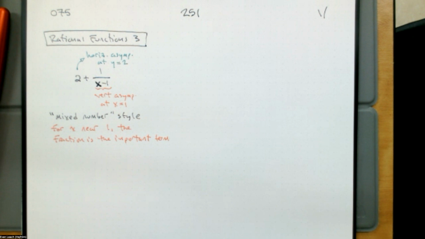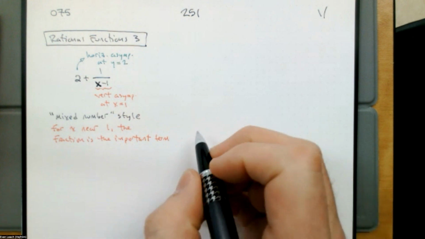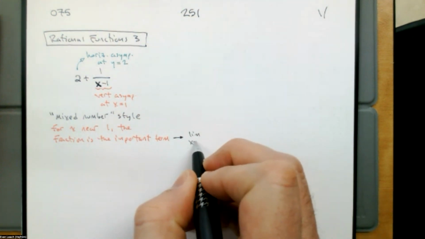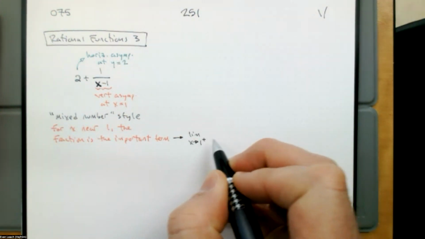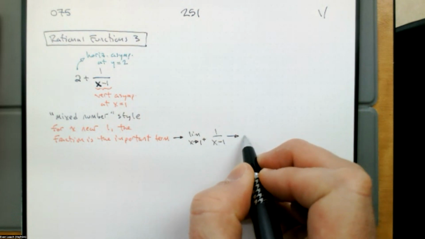Because we know as x approaches 1, 1 over x minus 1 will go to infinity or negative infinity, become very large. The limit, at least from the positive side, of 1 over x minus 1 goes to infinity.